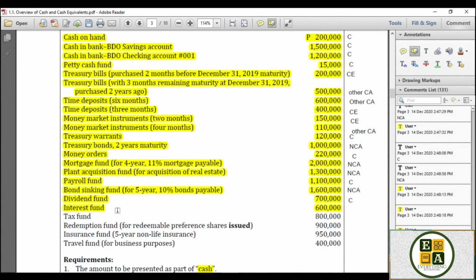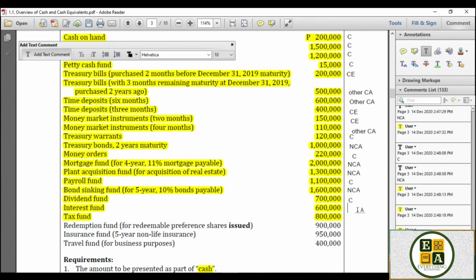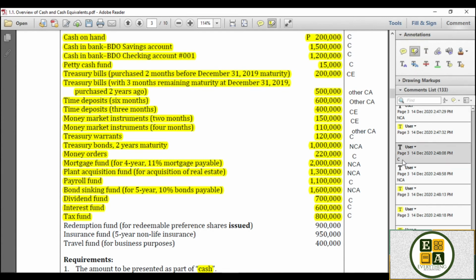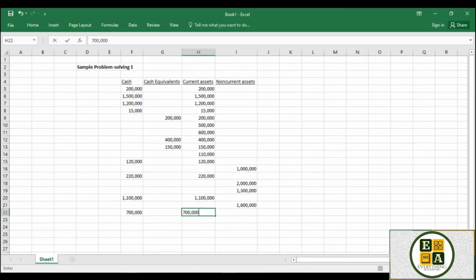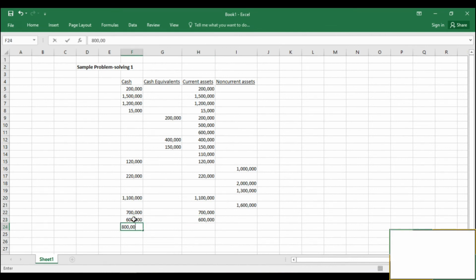Interest fund. We also have tax fund. Okay? Both are cash. So, cash dito. And cash din dito. So, we have 600 and 800. So, 600,000 papasok as current asset din. Then we have 800,000 papasok din as current asset. Okay?